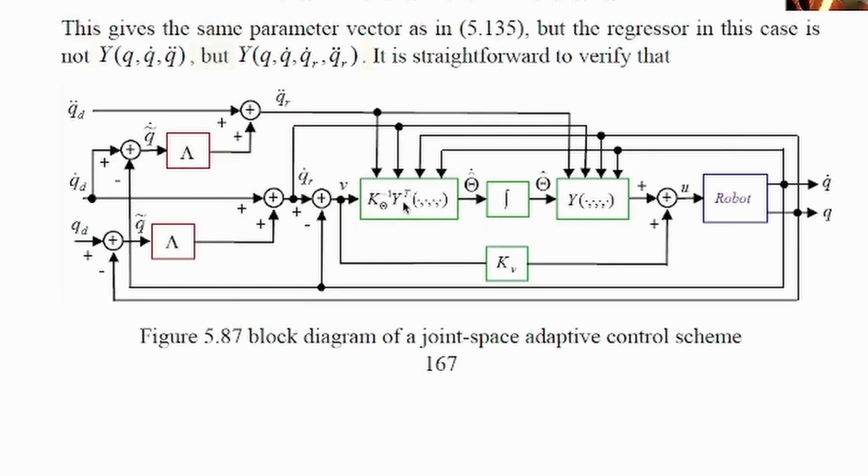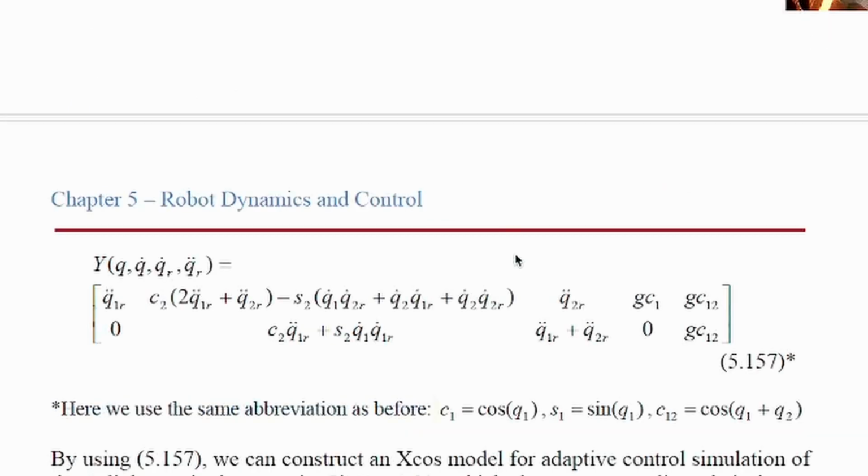We have to form this Y matrix and estimate the parameter theta here, and then integrate. So here is the whole adaptive controller, in case we don't know the true parameters of the plant, but we know the form of the equation. The parameters are lambda, the learning parameter, and here I have K theta and Kv. These are all the parameters. Here is the Y matrix.